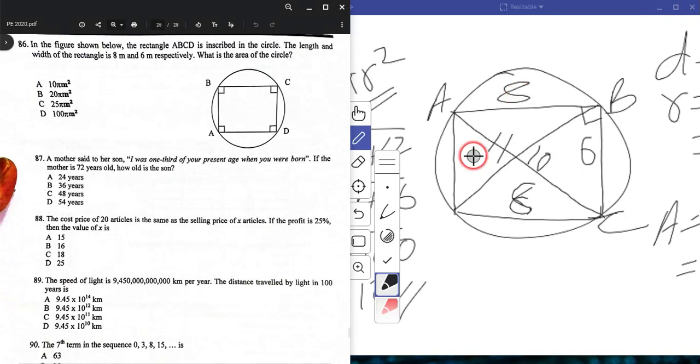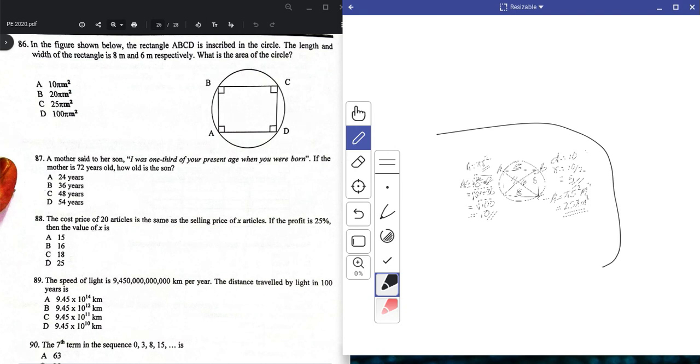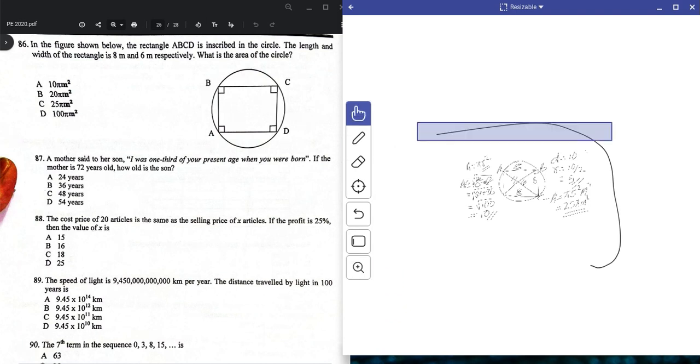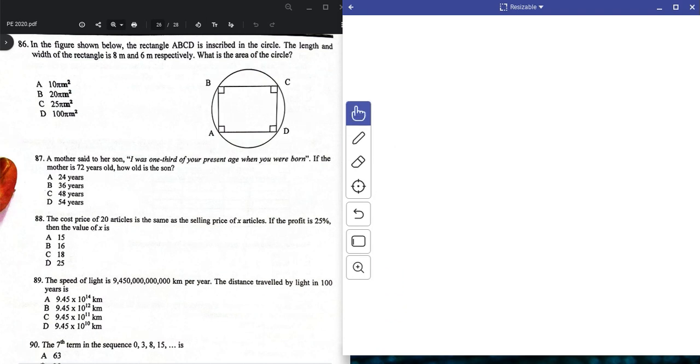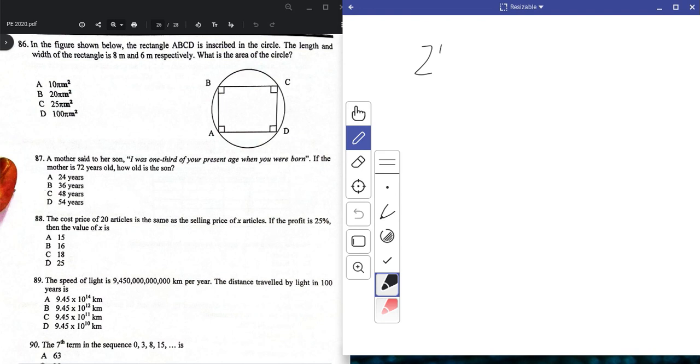So first we will start with 24. Let the current age of the son be 24 years.